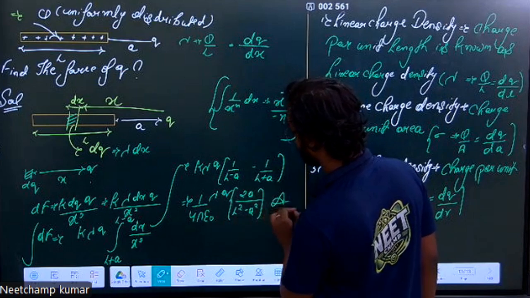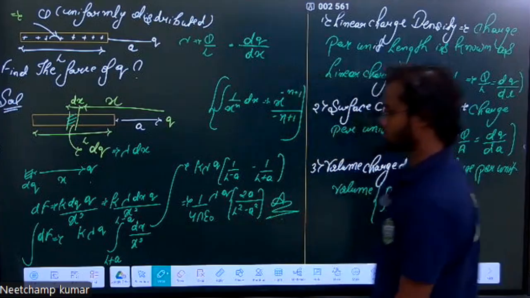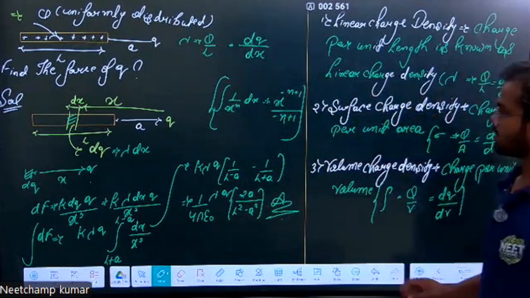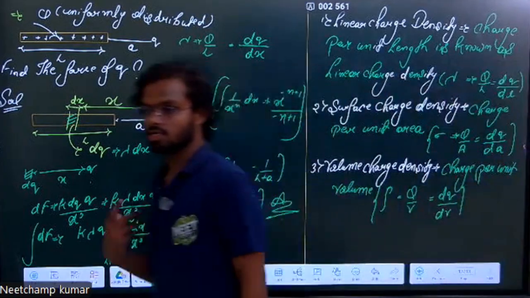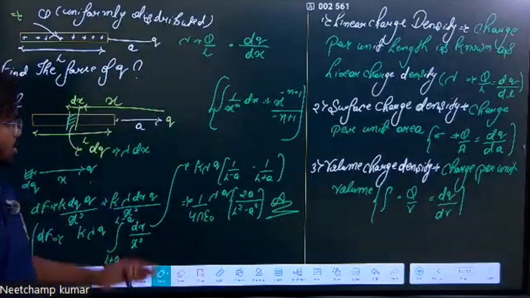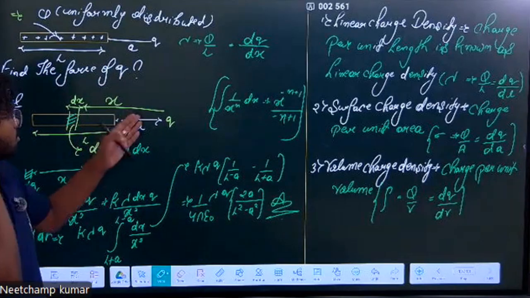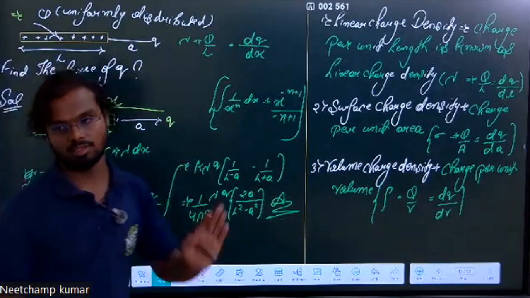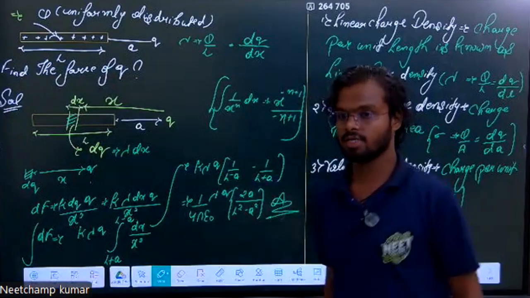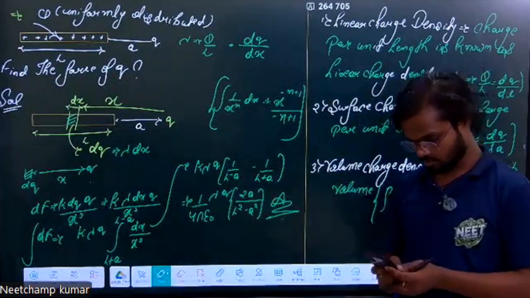So this is the answer for this question, the net force acting on a unit charge by this rod. Just note it down, and if anyone has a doubt, please let me know.